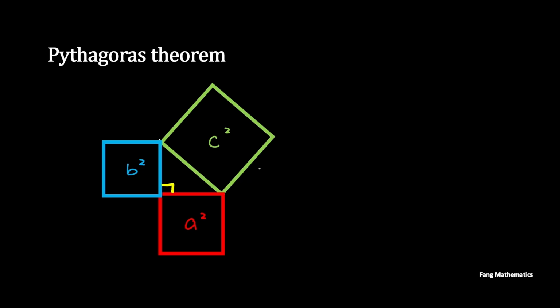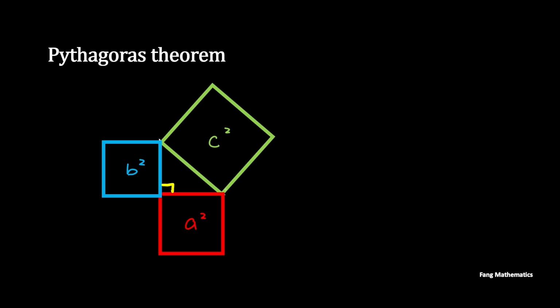If we look at the three squares here, which square would you think is the biggest and has the greatest area? I believe it is c squared, the one in green, because you use the longest length of the right-angled triangle to create a square.